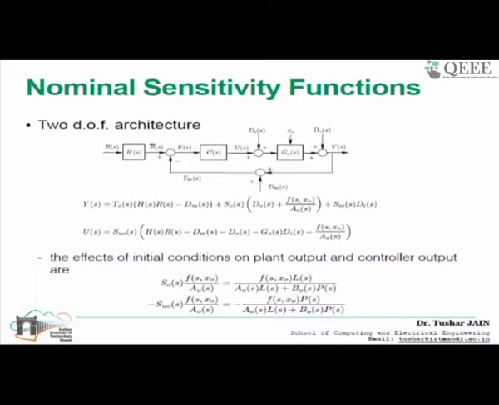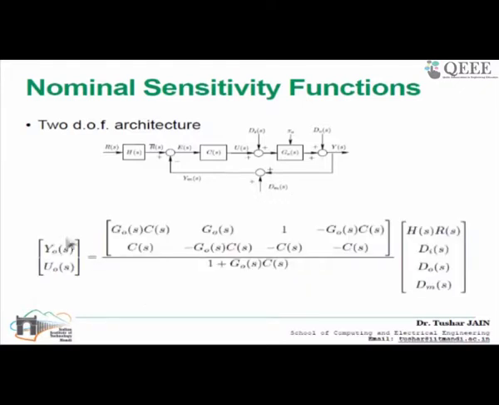In this slide, we have some other transfer functions as well, the two bottom transfer functions with respect to the initial condition. So all this y naught and u naught, which are basically the output of my closed loop systems. You can write this in the matrix form, where the denominator remains the same for all these transfer functions.